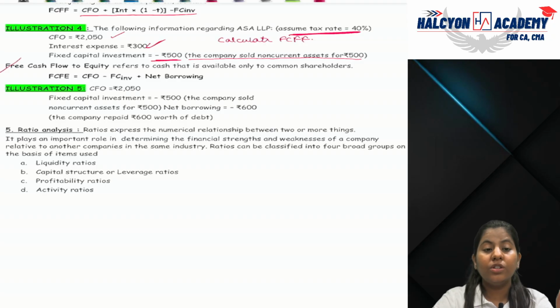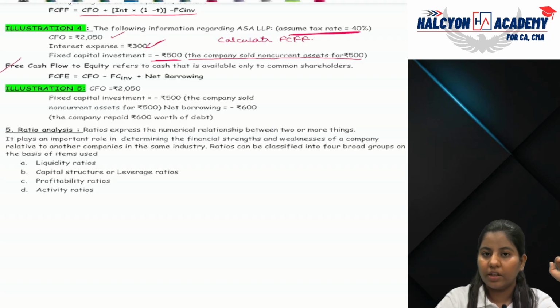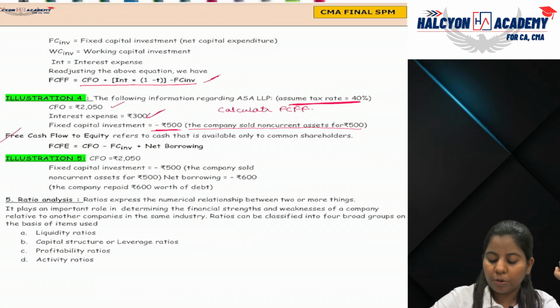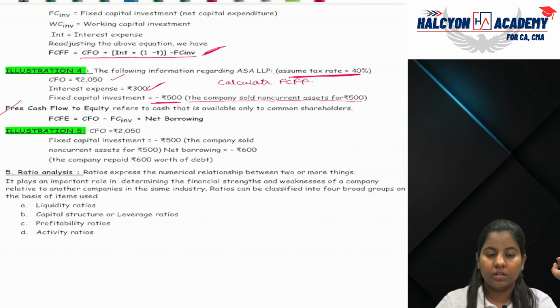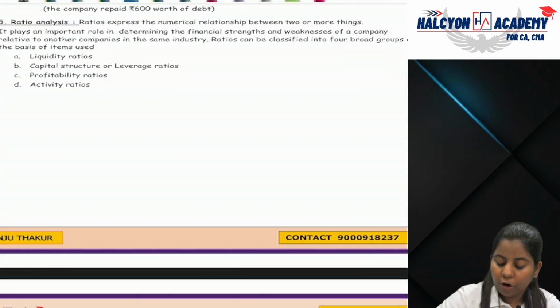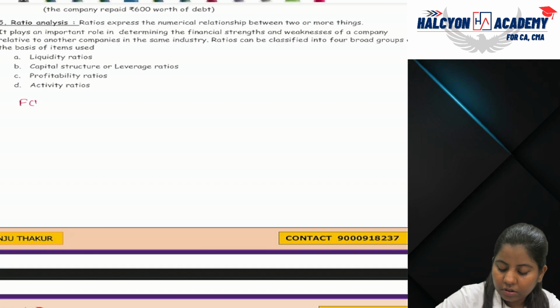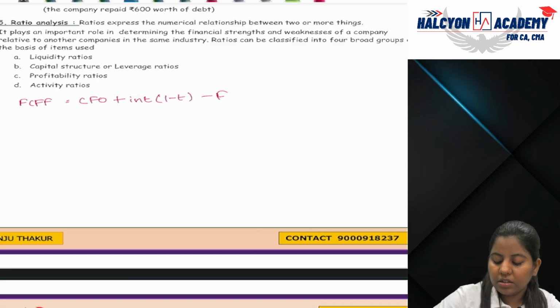We have to use that formula in which CFO is given. So what is the formula for FCFF? CFO plus interest net of tax minus fixed capital investment.